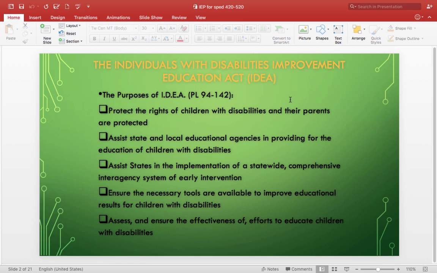The original name of it was the Education for All Handicapped Children's Act. Very, very long. It was a lot easier just to say 94-142, which is why it's kind of synonymous.